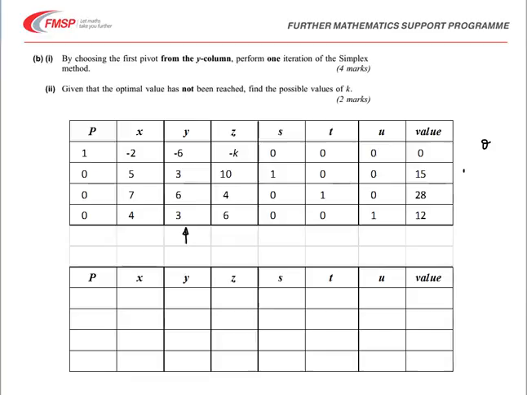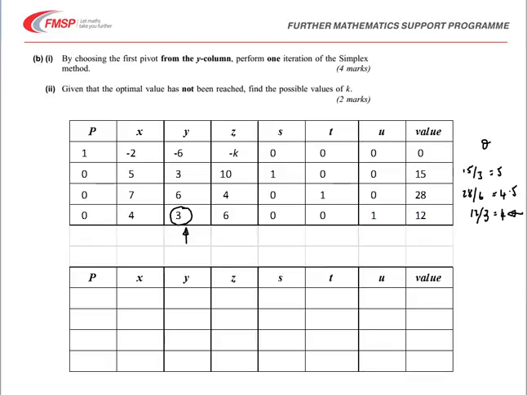So 15 divided by 3 is equal to 5. 28 divided by 6 is equal to 4.5. And then finally 12 divided by 3 is equal to 4. We want the smallest positive value, so that's 4, and that gives us the pivot here as 3.